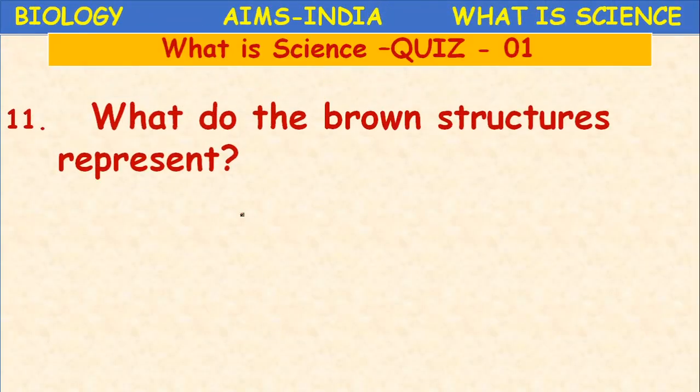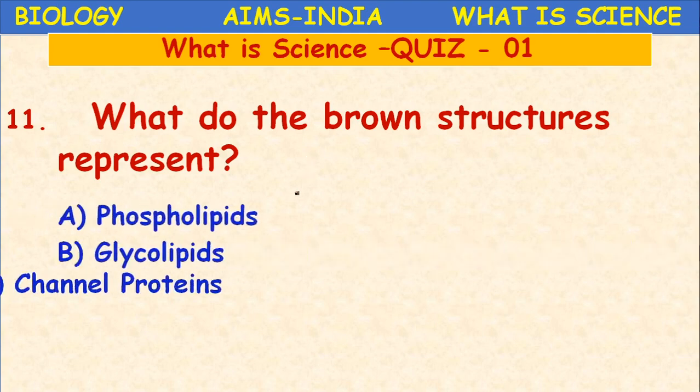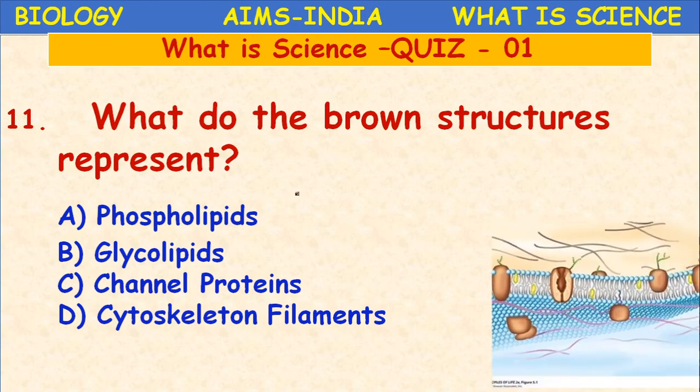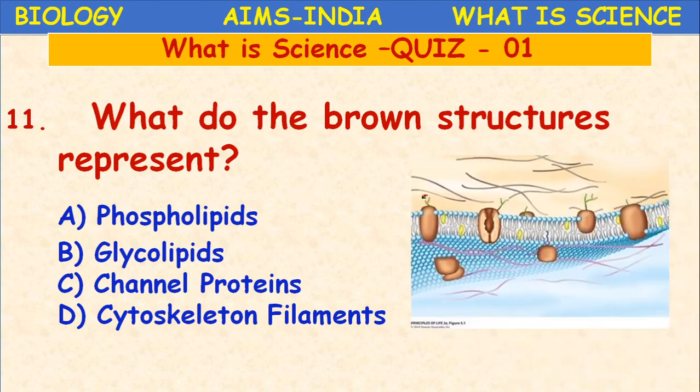Next, what do the brown structures represent? Here also one image is given. What do the brown structures in this plasma membrane represent, children?